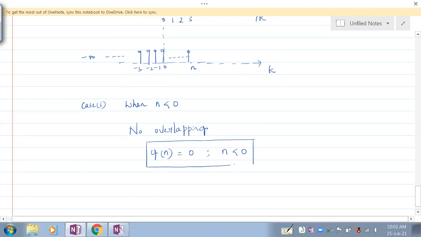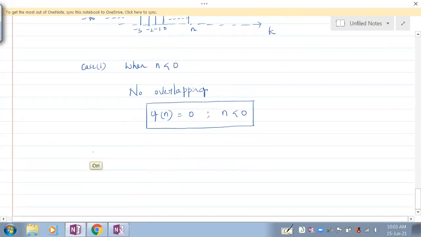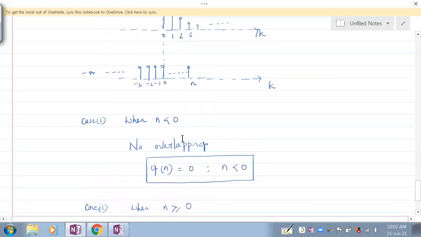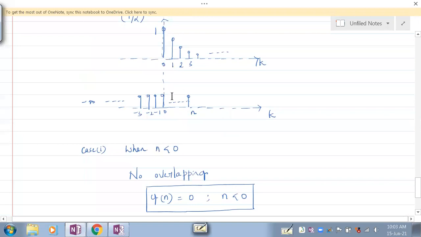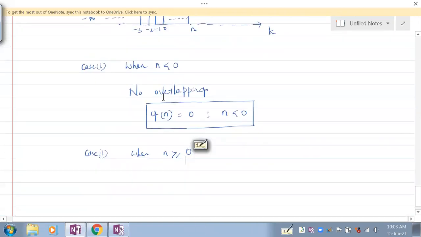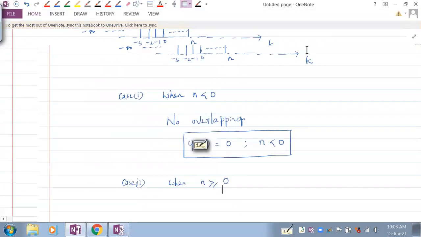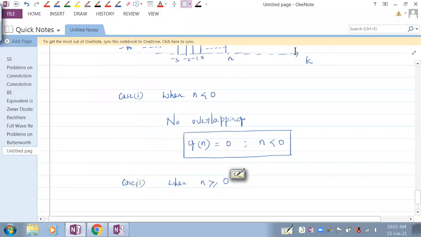Now, case 2, when there is overlapping. What is the range of overlapping? This is when n is greater than or equal to 0. Let me write both the cases for you, so you'll have a better understanding.